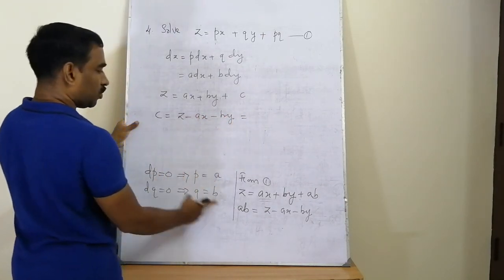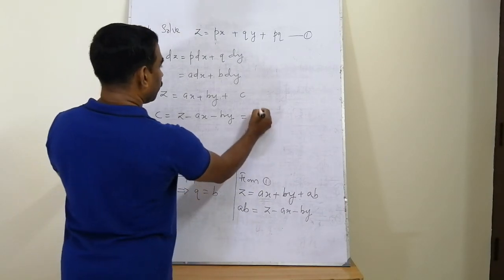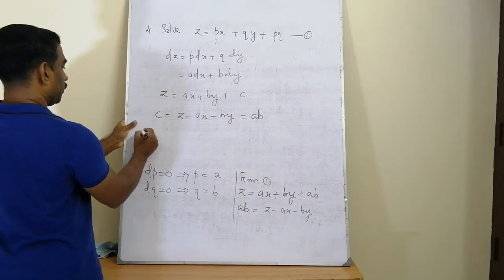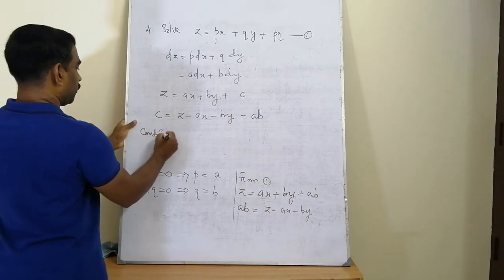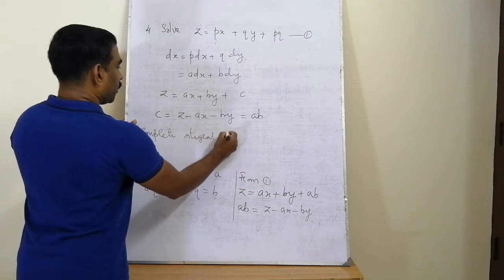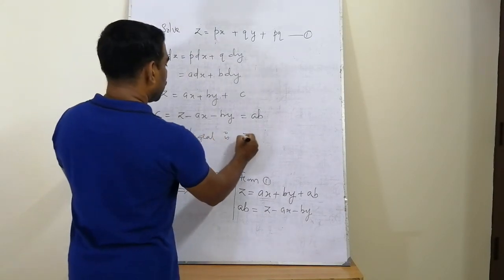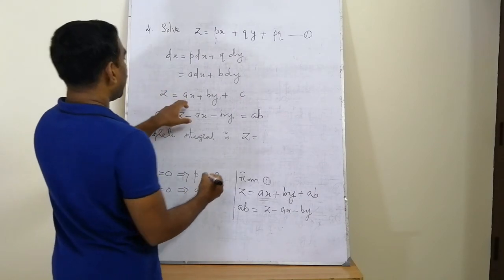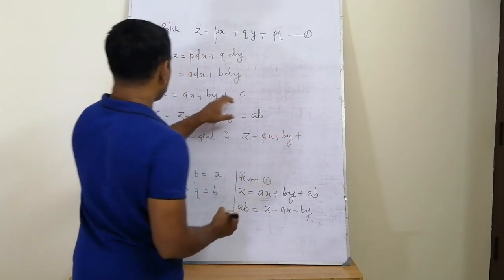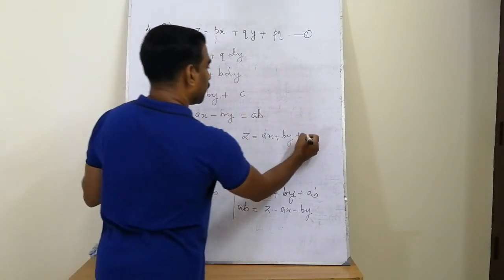Z minus ax minus by is our ab. Okay, hence the complete integral of this problem is z is equal to ax plus by plus, instead of c, that c is our product ab.